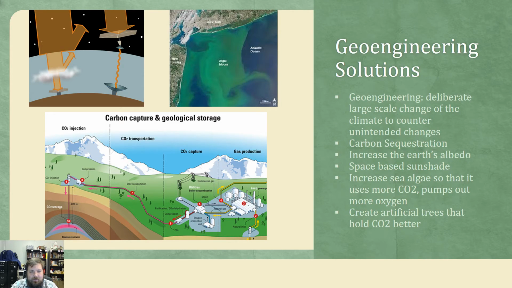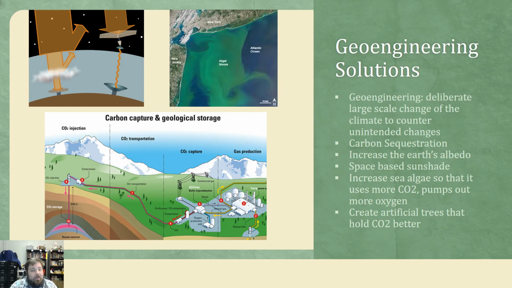So what this means is large-scale engineering changes to the planet to try to fix the problems that we've already created. Now, almost no one advocates geoengineering solutions on their own. Pushes towards sustainability are still a very viable and important part of this.